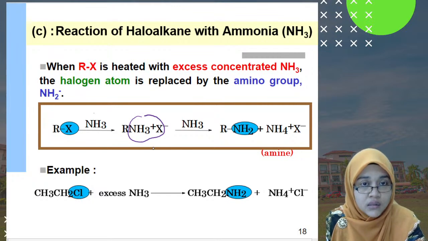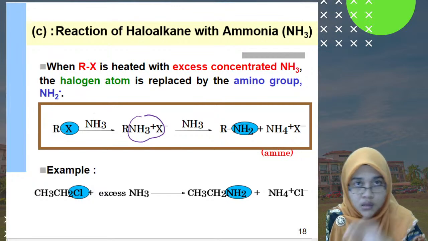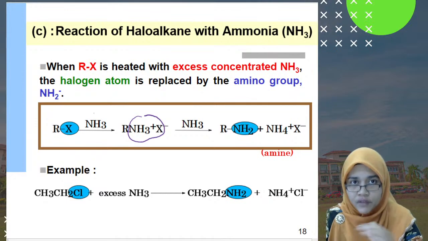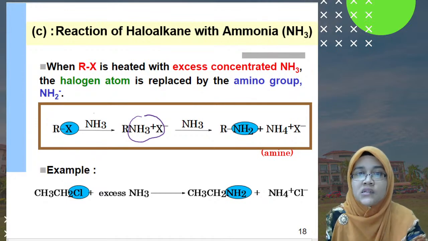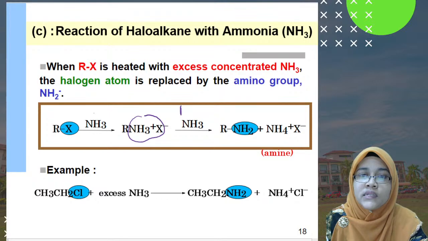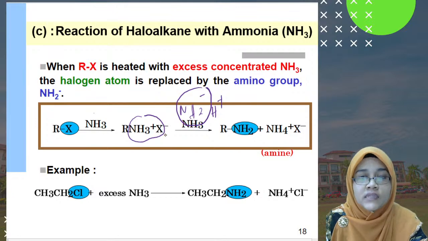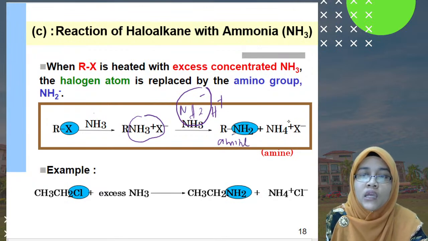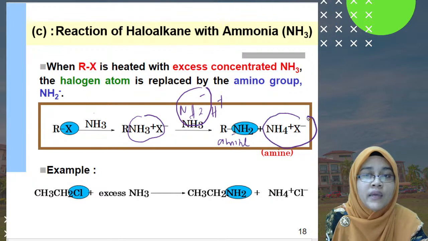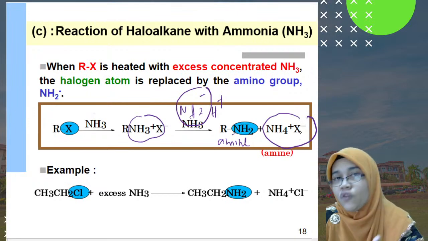After the reaction proceeds, this ammonia also gives NH2 minus and H plus. So NH2 minus will replace, nucleophilic substitution, to become an amine compound. As a byproduct, it will form a salt here, ammonium chloride, for example.